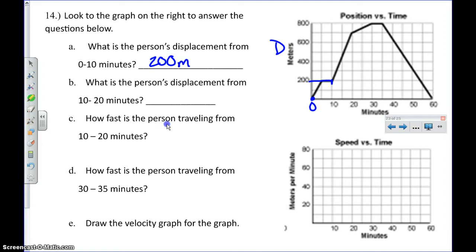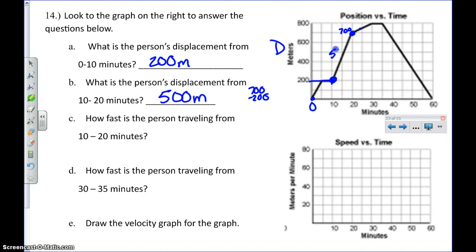That's pretty easy. What is the person's displacement from 10 minutes to 20 minutes? That's saying how far did I walk to go from here to here? This is 700 meters. So to go from 200 meters to 700 meters, I went a total of 700 minus 200. That's going to give me 500 meters. I hope everybody sees that. And how fast is the person traveling during that 10 to 20 minutes?